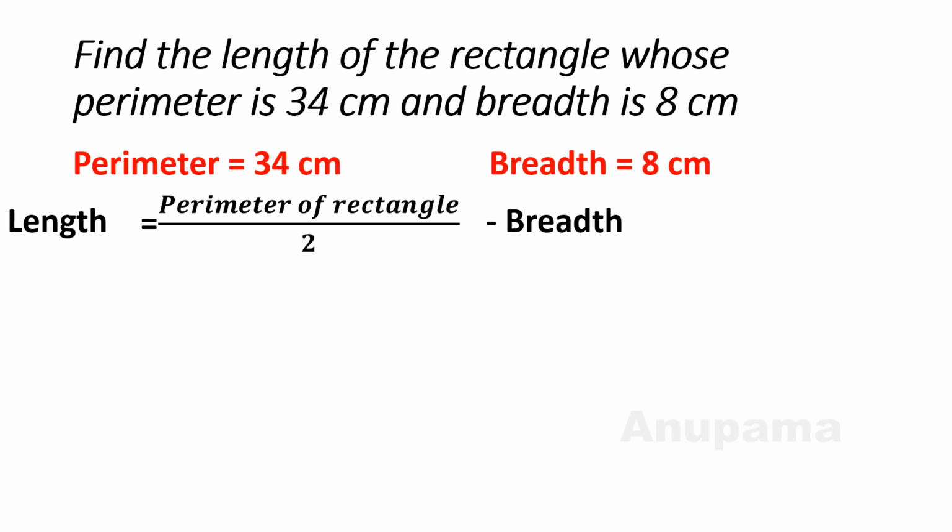So let us put all the values, that is 34 by 2 minus 8, and at first we will solve the division part according to the rule of DMAS. So 34 by 2 equals 17 minus 8. Now just subtract it, you will get the length of rectangle, that is 9 centimeter.